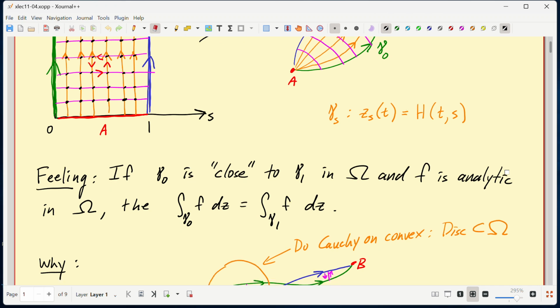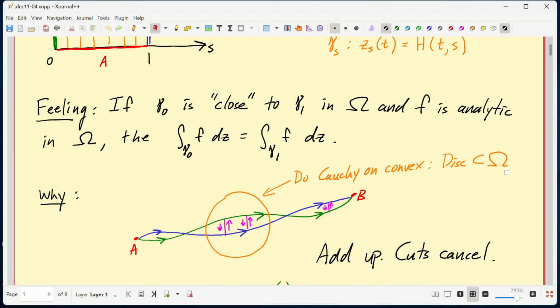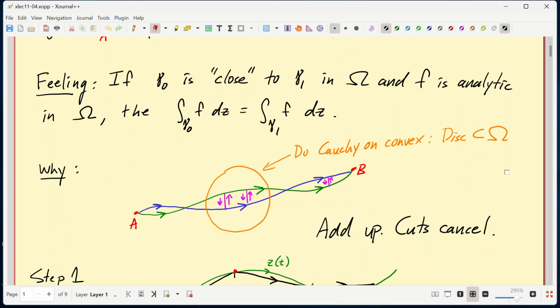And if you wanted to prove that without doing anything new, think about two curves that are really close together. There'd be a distance from those curves to the boundary, and so once you figure out what that is, you could stick little discs around like that and cover that picture with little discs.